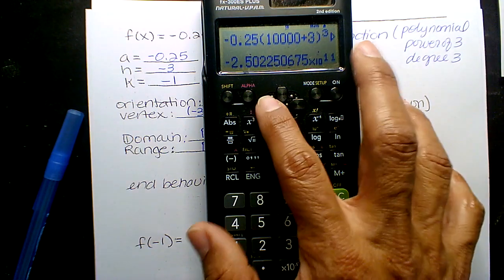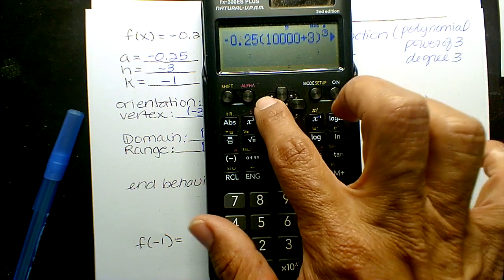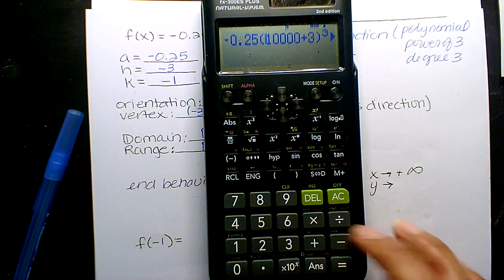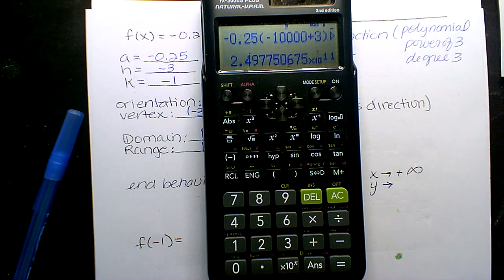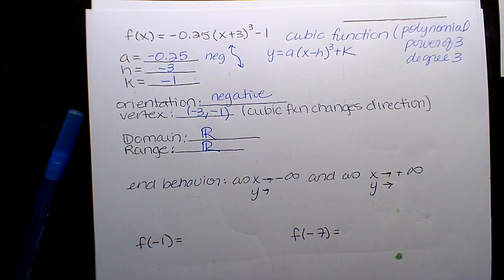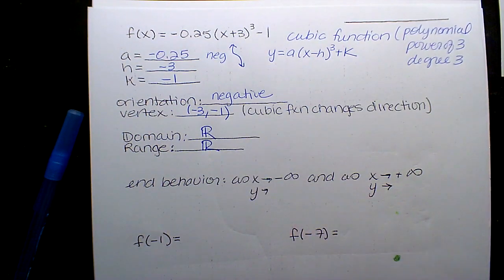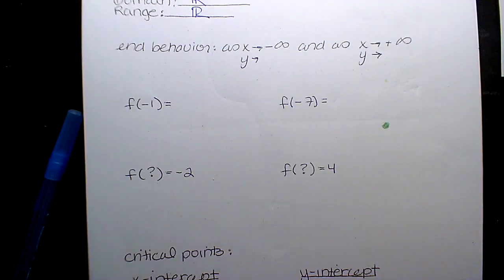I could plug in negative 1,000 and I get a value. I didn't get an error. I didn't get rejected. So for both the positive and negative X values, there are no restrictions, right? All right. Okay, end behavior, we'll get to that, but now your function notation.